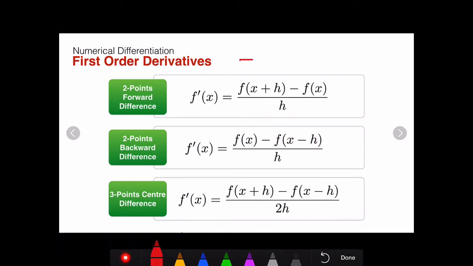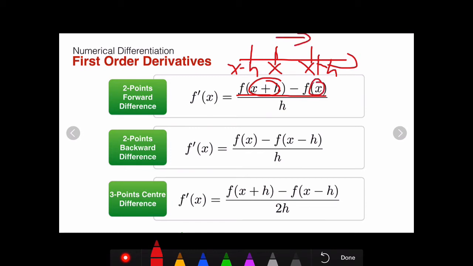We just draw the timeline here. Let's say this is my x. I move forward to this one, I have x plus h, and this is x minus h. For this one, we have x plus h, and this is 0. It's like we just move forward from x to x plus h. The same thing for x to x minus h: we are dealing with this point and this point, the function values, moving backwards.